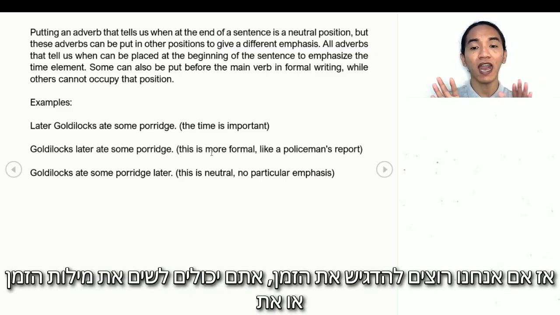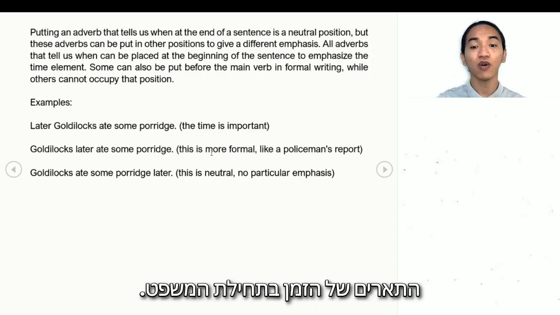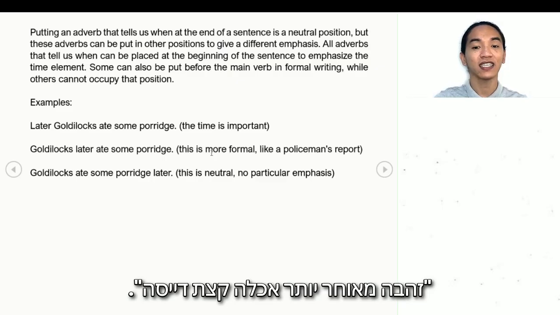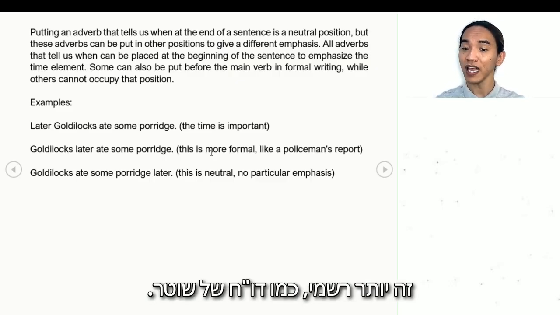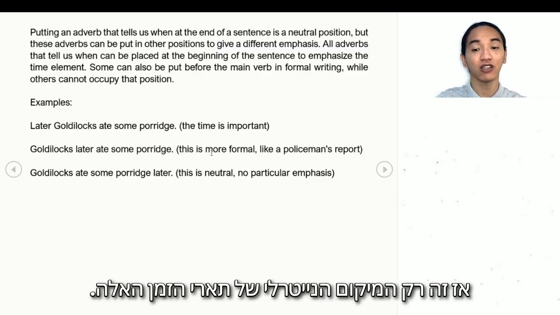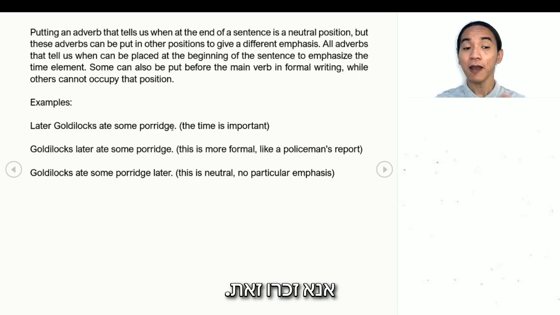So if we want to emphasize the time, then you can put these adverbs of time at the beginning of the sentence. Example: Later, Goldilocks ate some porridge. Goldilocks later ate some porridge. This is more formal, like a policeman's report. Now, Goldilocks ate some porridge later. So this is just the neutral positioning of these adverbs of time. Please remember that.